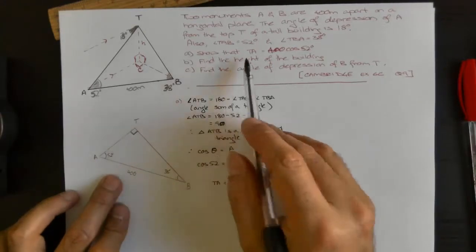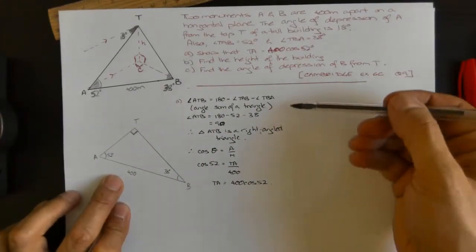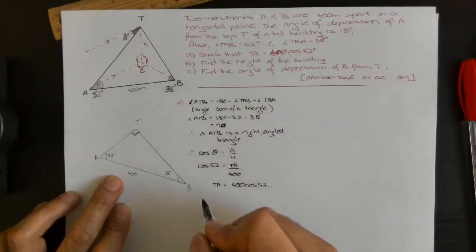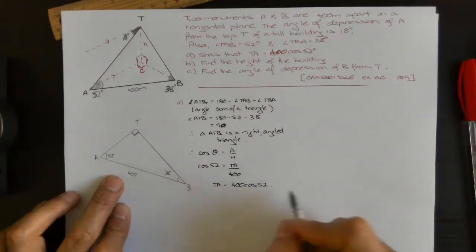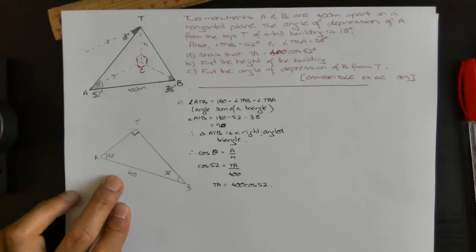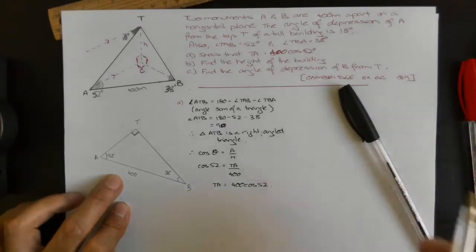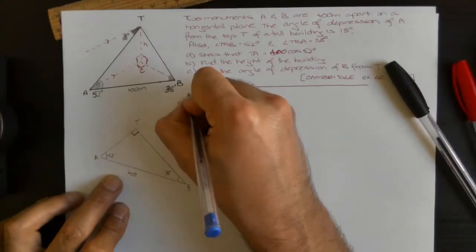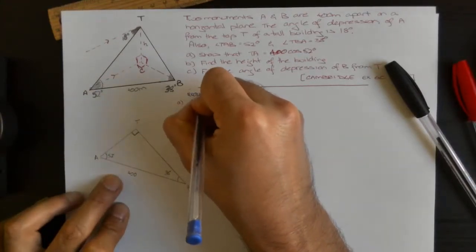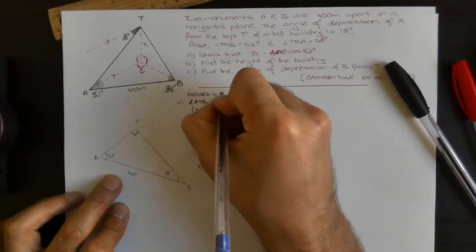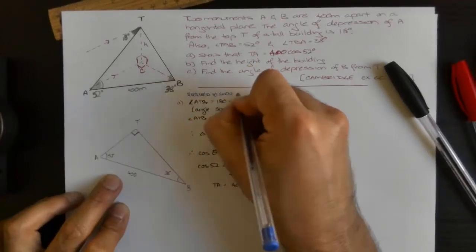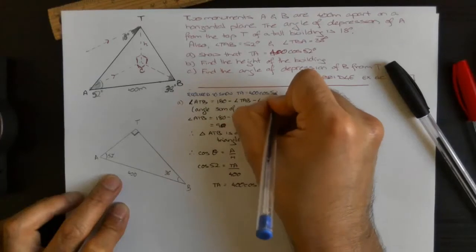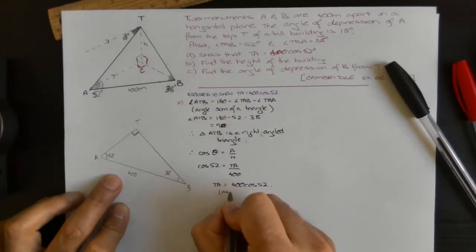So I have shown through all these steps and through my communication that TA equals 400 cos 52. And you could say required to show TA equals 400 cos 52, and then here, as required.